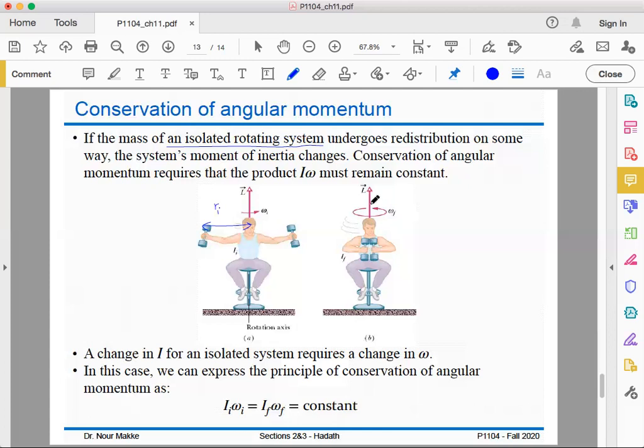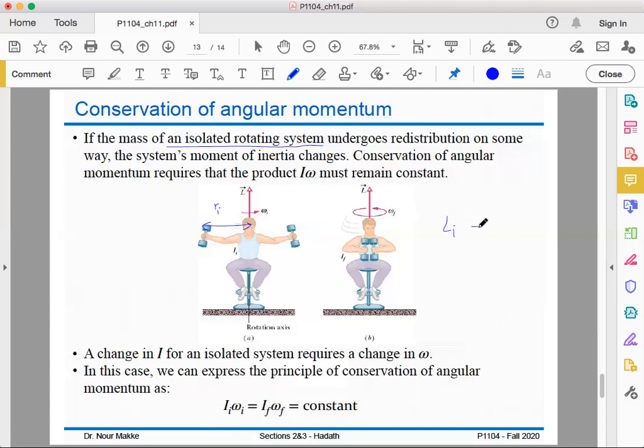And so in this case the system's moment of inertia changes, because between this situation and that situation the moment of inertia is different. And since we have conservation of the angular momentum, because this system, the person with the chair, is an isolated system, and L is conserved, if I changes then omega must change. That is why when he pulls in his arms, the speed becomes greater. So a change in the moment of inertia I for an isolated system requires a change in omega definitely.